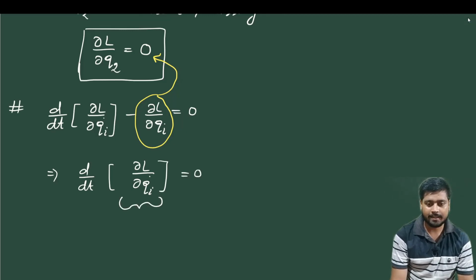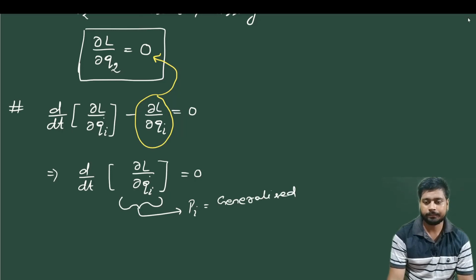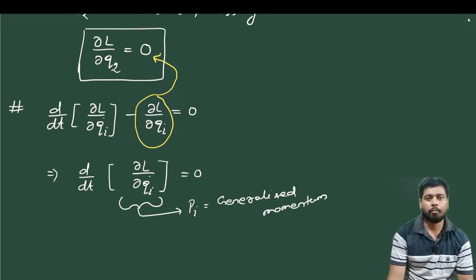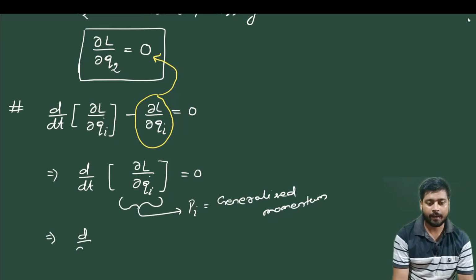This is our pi. pi is our generalized momentum corresponding to the generalized coordinate qi. Then here you can write d by dt of pi is equal to 0.